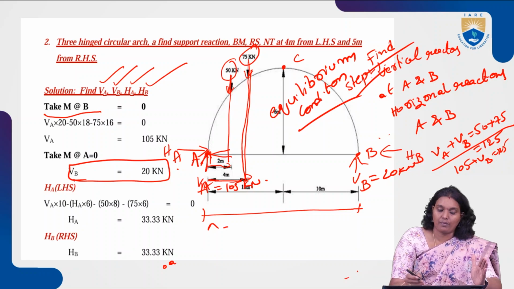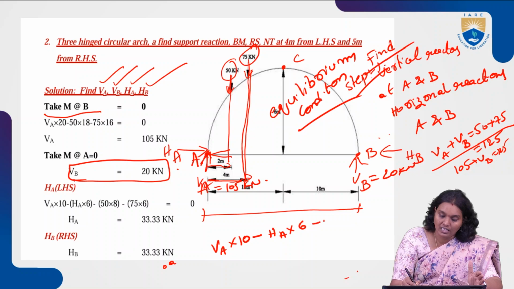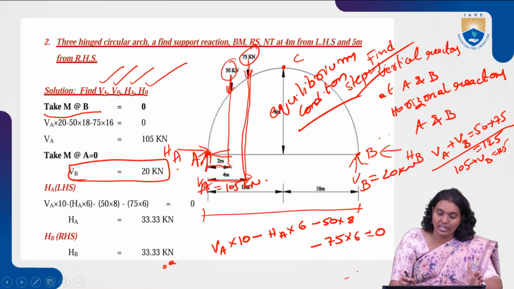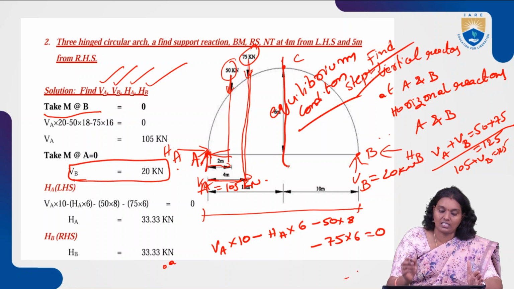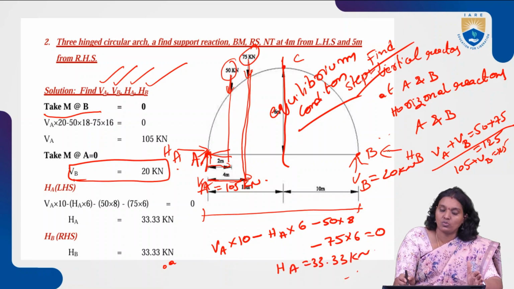So for the horizontal reaction at A, taking the moments, we consider VA into 10 minus HA into 6 minus 50 into 8 minus 75 into 6 is equal to 0. So HA is equal to 33.33 kilonewtons, because these two are similar.